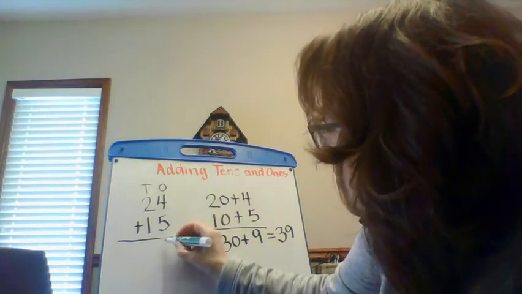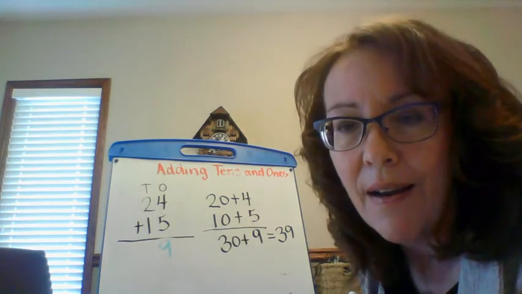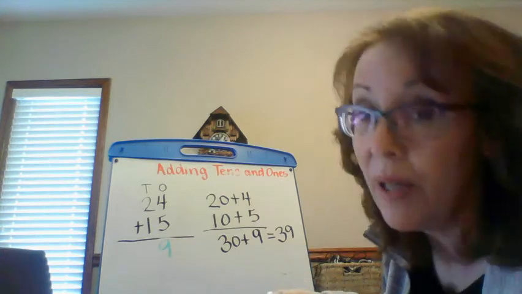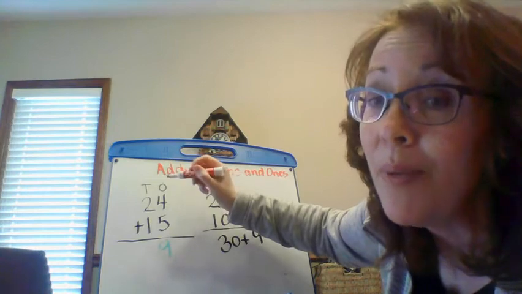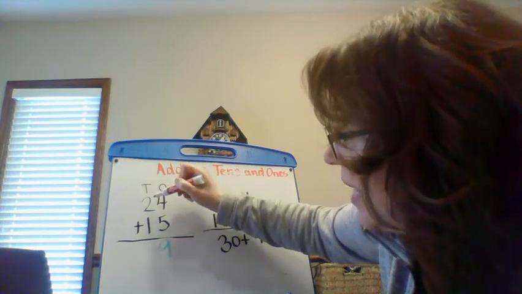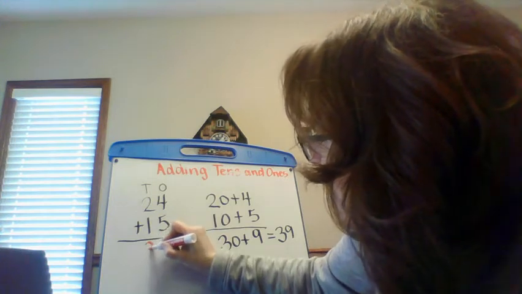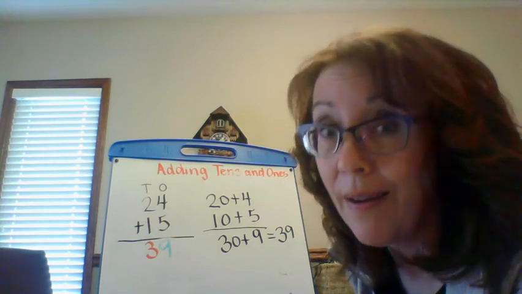We do that first. I'm going to put it in green because green means go. 9. And then we have our tens. 2 tens plus 1 10, because it's really not a 2 plus 1 because we're in the tens place. 2 tens plus 1 10 gives me 3 tens. And it gives us the answer of 39.